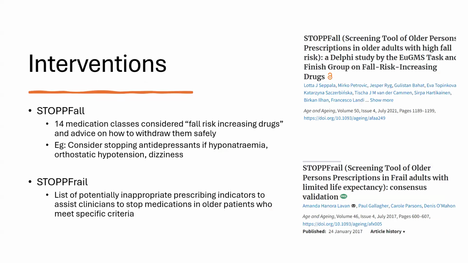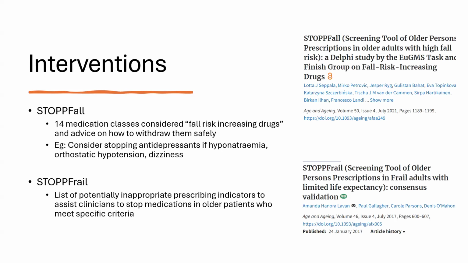So these are 2 tools that have been designed to enable clinicians to deprescribe safely. The STOPPFall criteria includes 14 classes of medication, the majority of which are psychotropic medication, but it also includes diuretics and alpha blockers. So they advise in which cases to consider withdrawal of the medication from your patient and whether or not a stepwise withdrawal of that particular medication is needed.